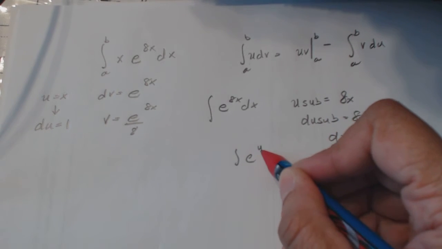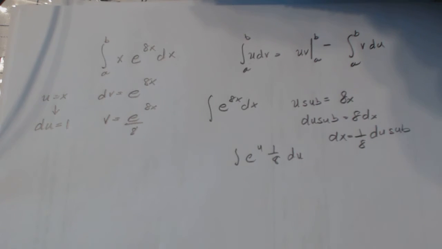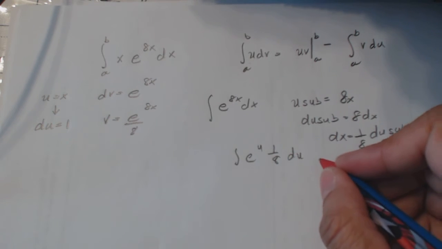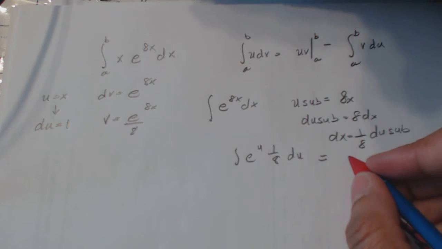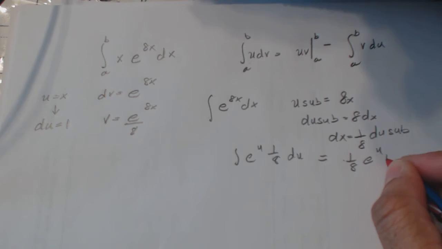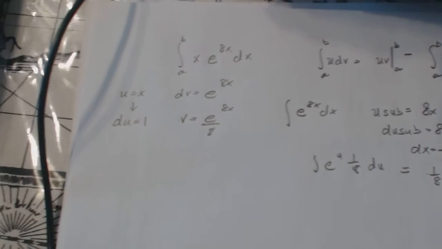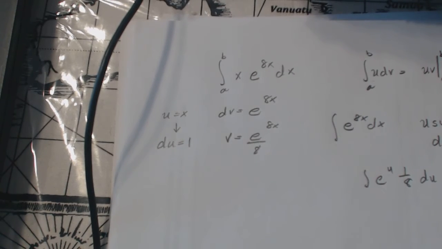I get e to the u times 1/8 du sub. I'm just going to skip the du sub so it doesn't matter anymore. So we get now 1/8 e to the u plus c, which is really e to the u over 8 plus c. So that's where this e to the 8x divided by 8 comes from.